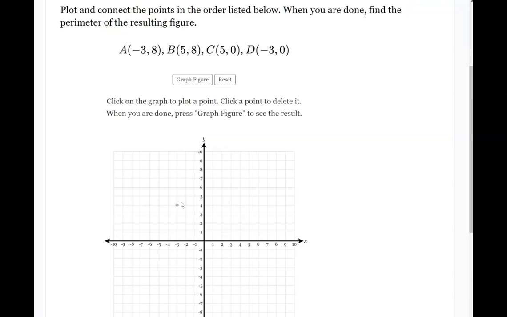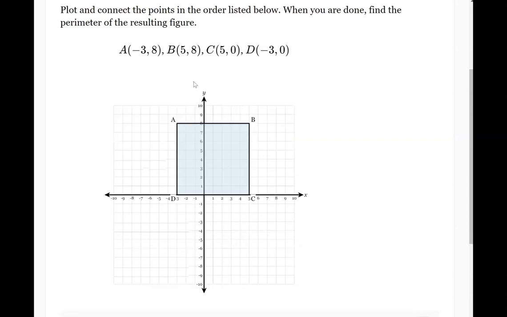So I'm going to plot the point -3, 8. Plot the point +5, +8. +5, 0, which means I'm on the axis, and -3, 0, which means I'm on the axis. Once I'm done plotting those points, I click this box here which says Graph Figure.